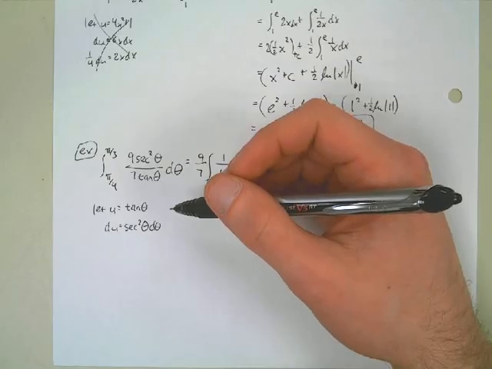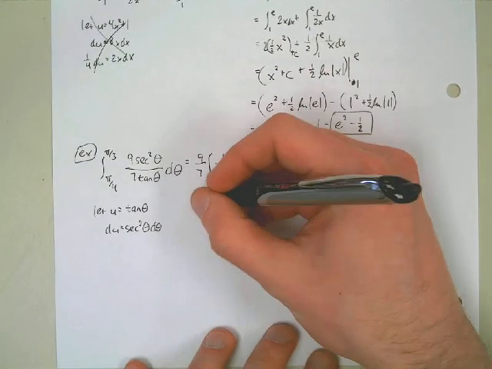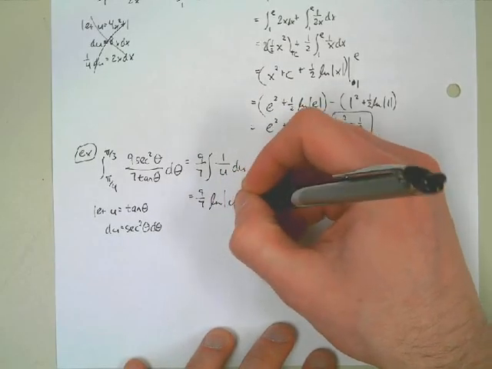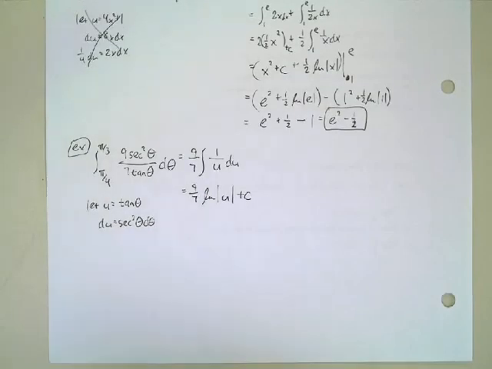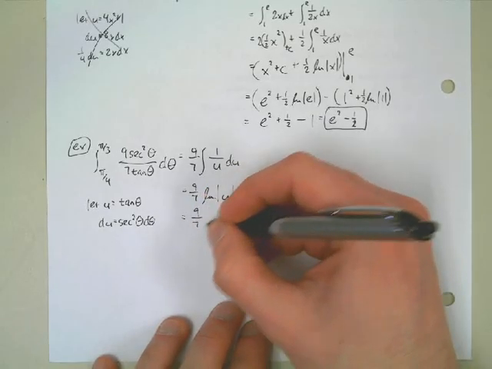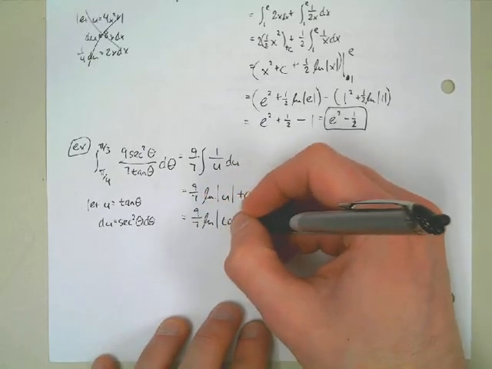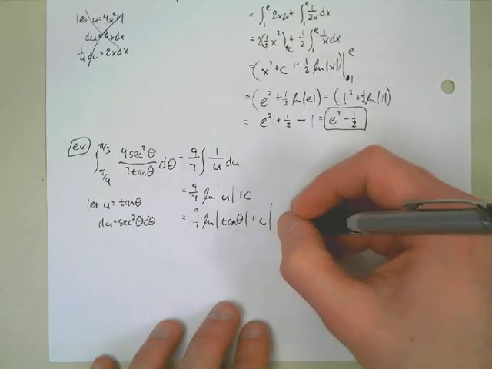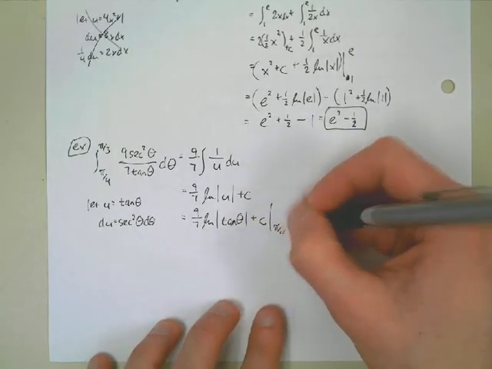Okay. So then 9/7, let's see, integral of 1 over u is natural log of the absolute value of u plus c. And so then 9/7 natural log of the absolute value of tangent of theta plus c. And we're going to evaluate that from pi over 4 to pi over 3.